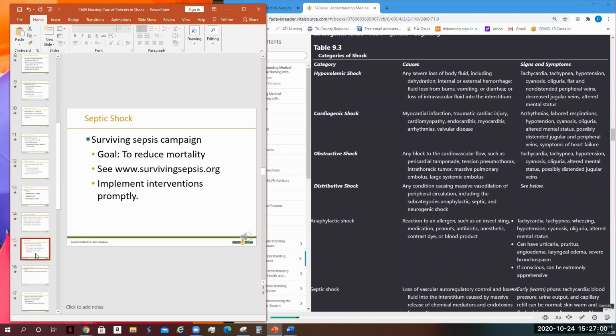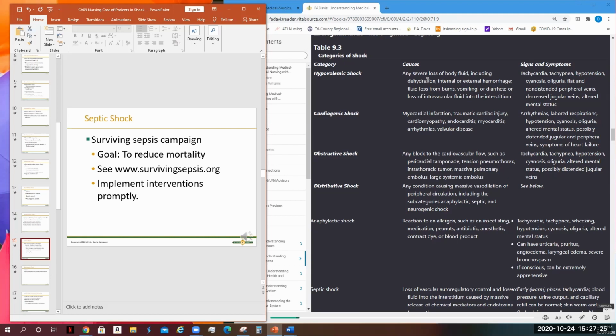Categories of shock. Hypovolemic shock. Causes for hypovolemic shock would include any severe loss of body fluid, including dehydration, internal or external hemorrhage, fluid loss from burns, vomiting, or diarrhea, or a loss of intravascular fluid into the interstitium.